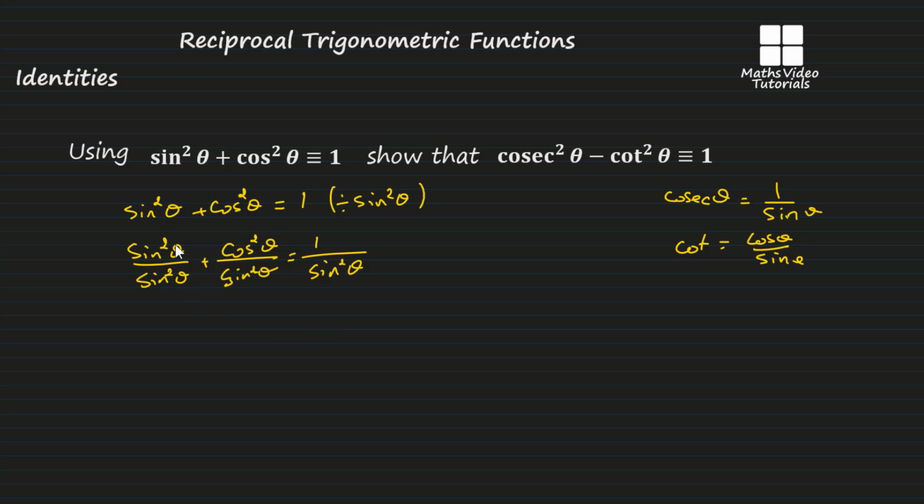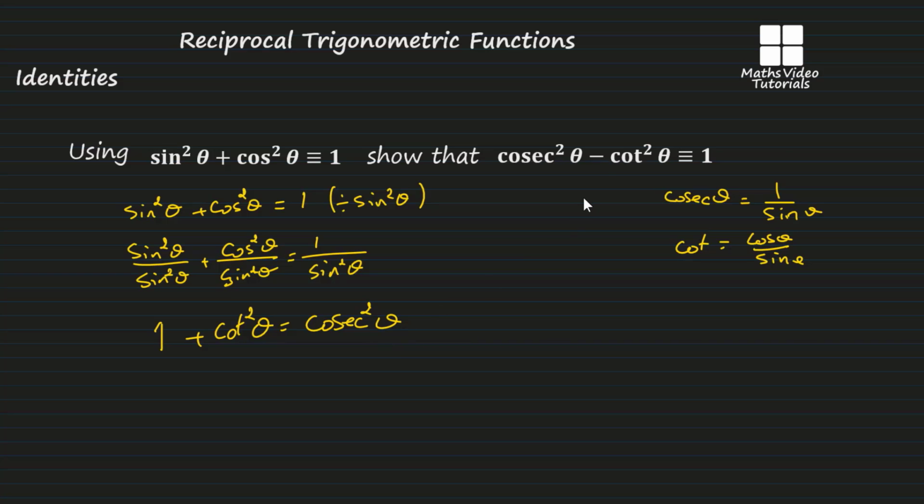Now what do we need to do? We need to simplify. For example, this one here will give us 1. This one is cos over sine. Cos over sine is cot, and because this is squared, we need to have cot squared theta. And 1 over sine is cosec. So therefore, 1 over sine squared is going to be cosec squared theta.